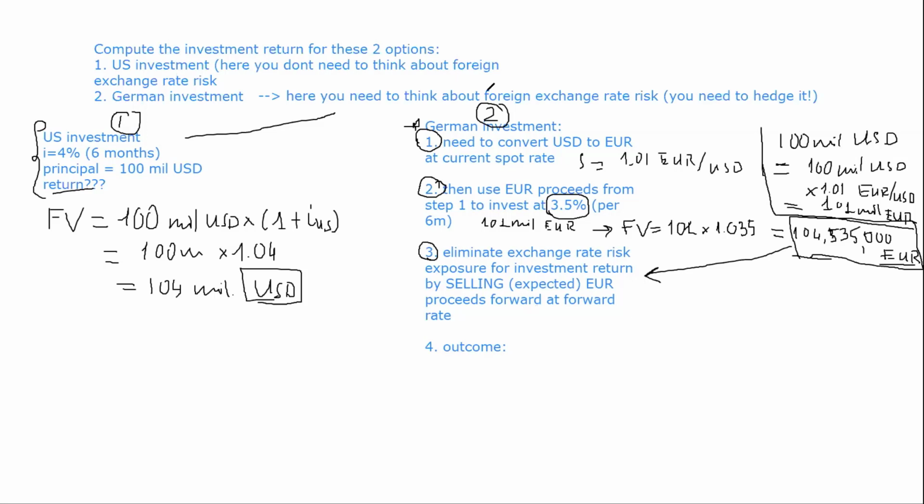Okay, so from the question, we know that the forward rate is 0.99 euro per USD, okay? So if I want to convert this much euro, 104.535 million euro, into the USD at the current forward rate, how much do I get?